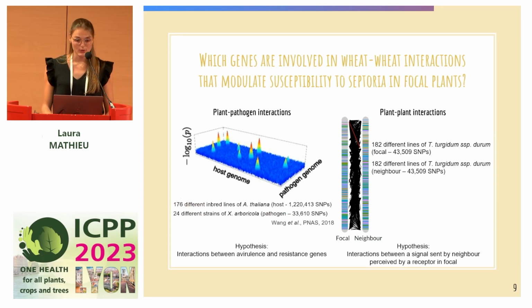For the second question I would like to answer, which genes are involved in wheat-wheat interactions that modulate susceptibility to Septoria in focal plants? We would like to use joint GWAS approaches, similar to studies on plant-pathogen interactions where they try to identify an interaction between virulence genes on the pathogen side and resistance genes on the plant side.